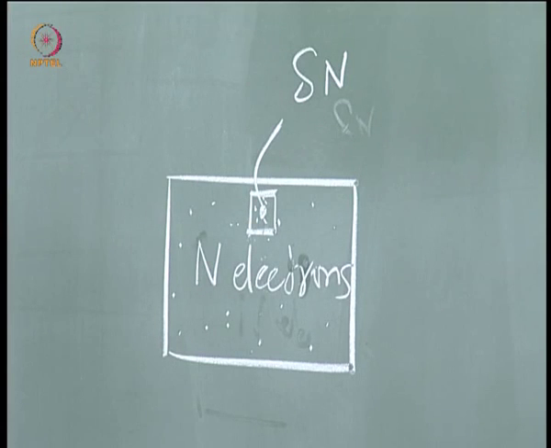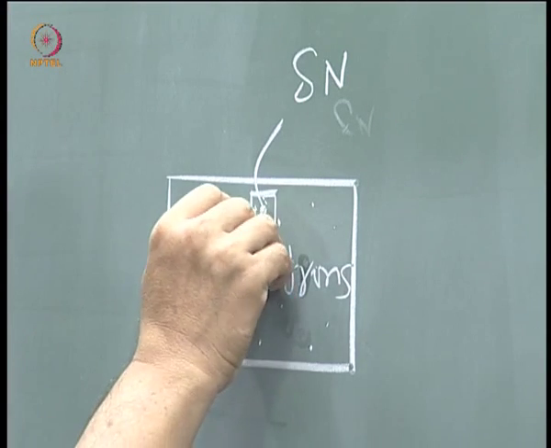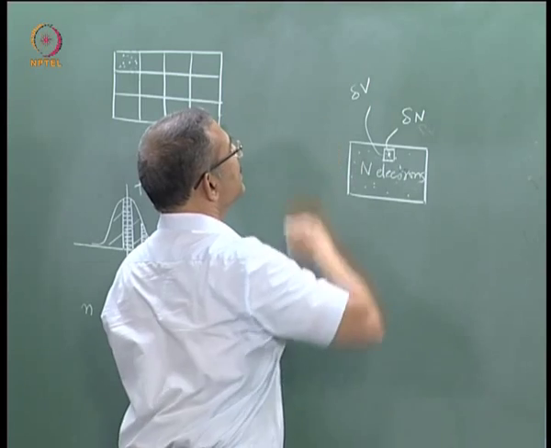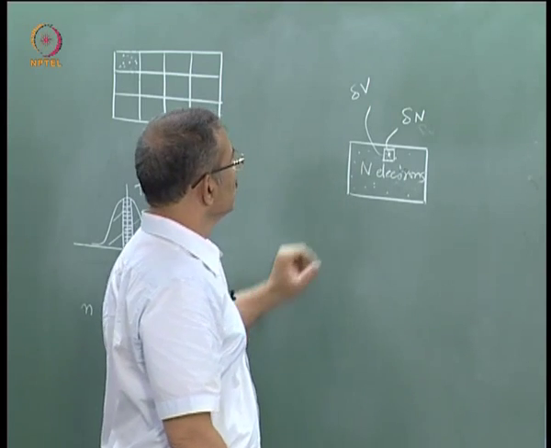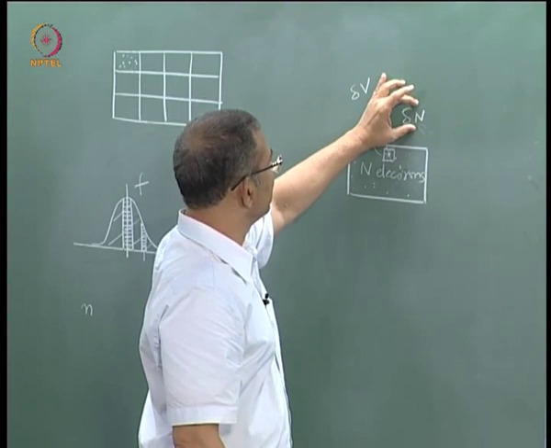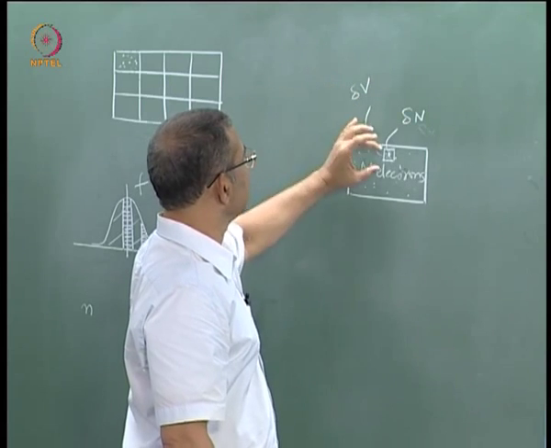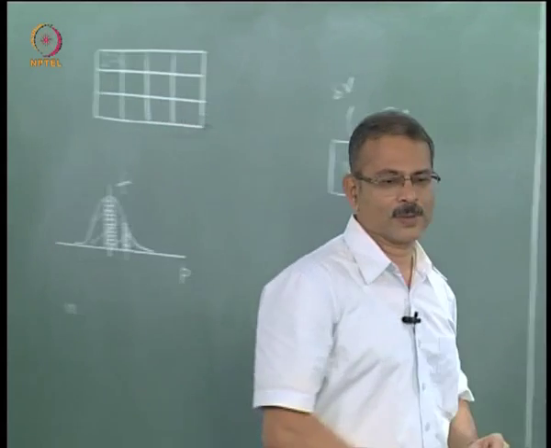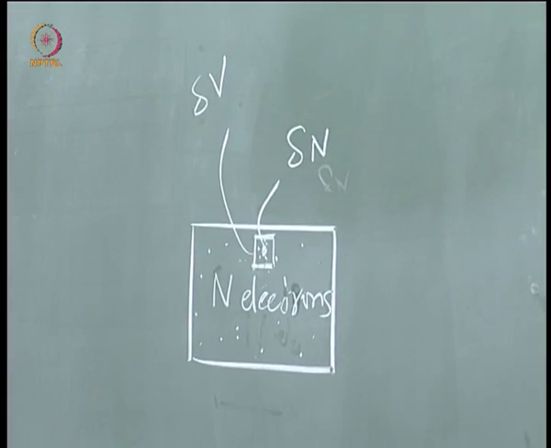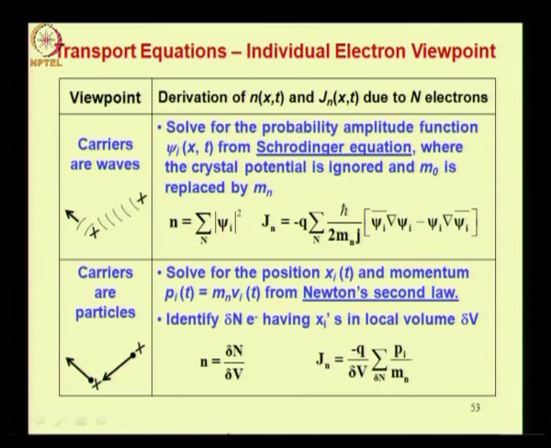Now let us say the local volume is delta V. If I divide this delta n electrons by delta V, I will get the carrier concentration at this point. So carrier concentration n is equal to delta n by delta V. Now you can get the current density also from this information.